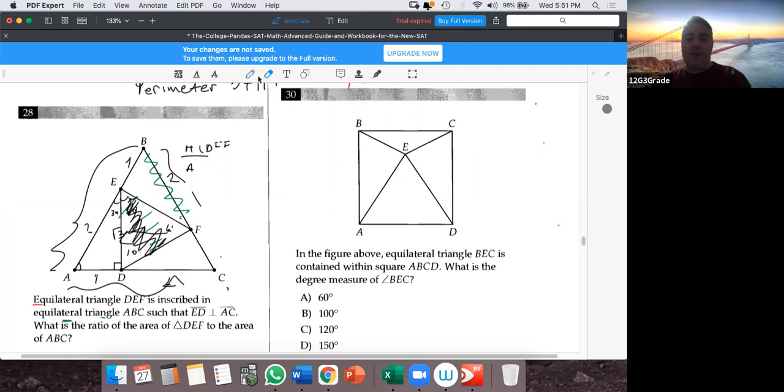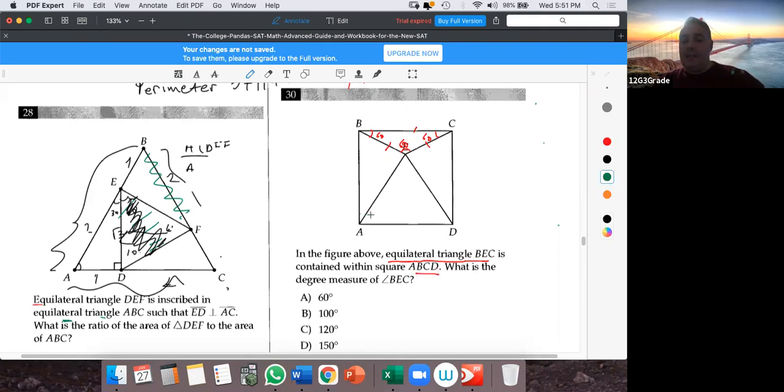Let's do it together. So the first time now I am looking, I didn't read the question. Equilateral triangle, I just stopped. BEC, where is it? Here. So these sides are equal. So 60, 60, 60. And then square. Oh my God.